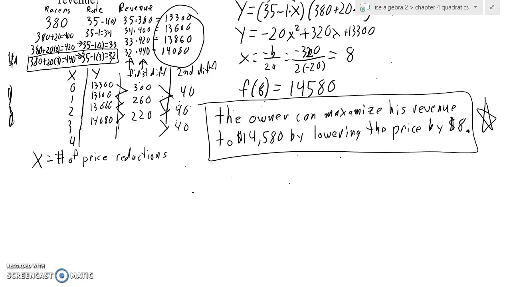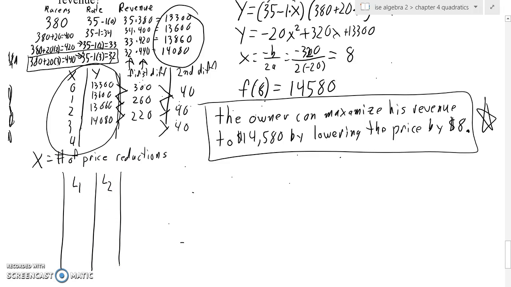If we couldn't come up with that formula by ourselves, what if we were on a test where we could use our graphing calculators? What if we took this information here, and instead of x and y, we put it in for list 1 and list 2? So you'd have to go stat to get to the lists to edit. The first thing that comes up is edit. So you hit enter for 1.